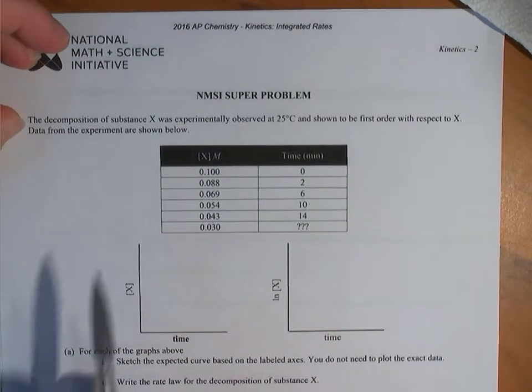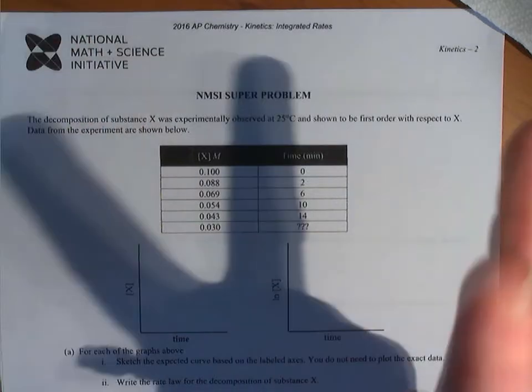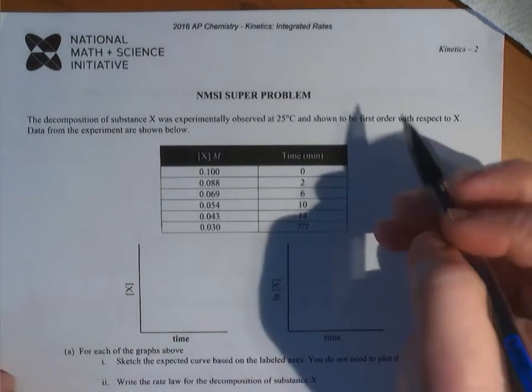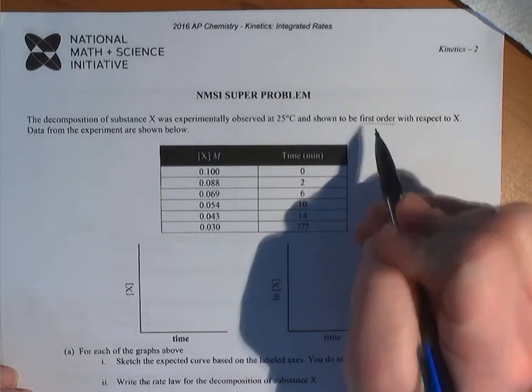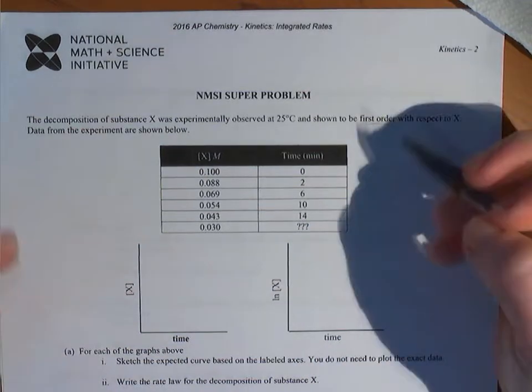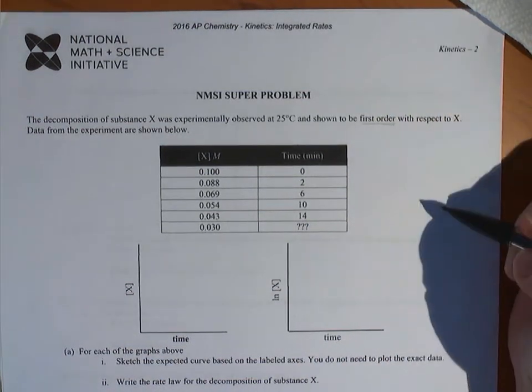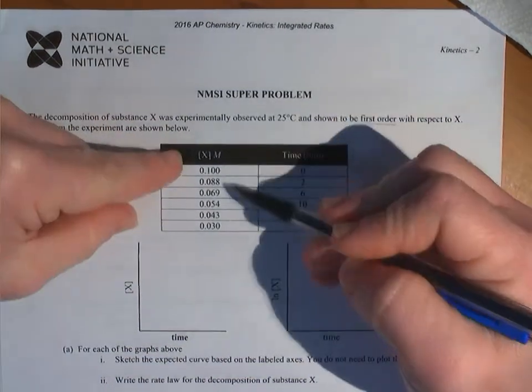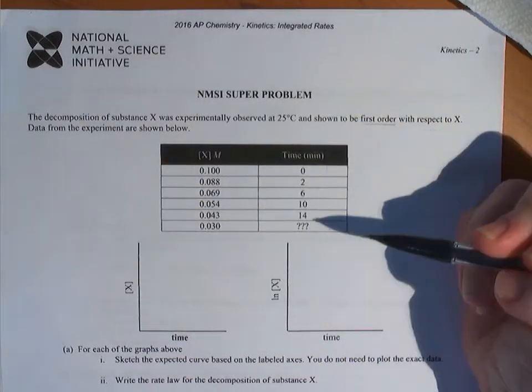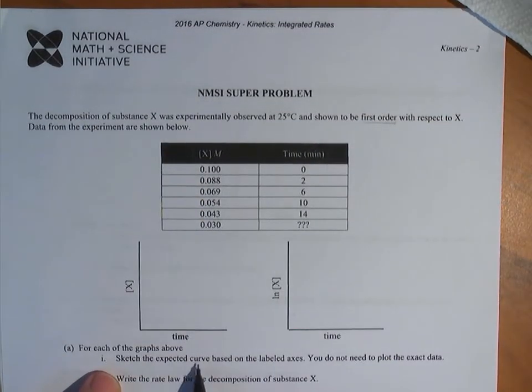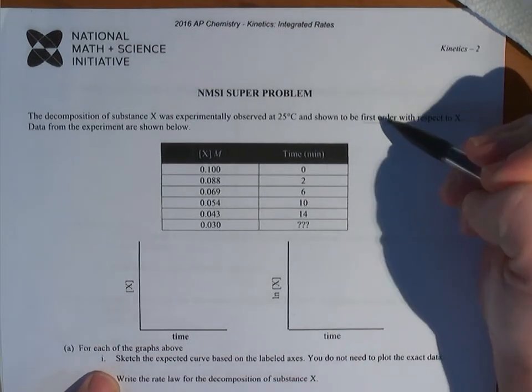Okay, so we are decomposing substance X, just this generic thing. It is first order. Please do not forget to look at the wording you're given. All right, and I'm given concentration versus time. Sketch the expected curve based on the labeled axes. It is first order.